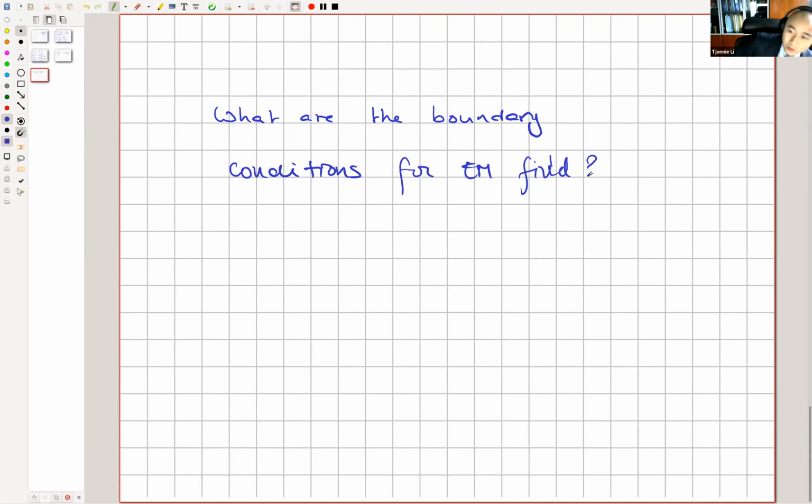I hope you've had some time to think about it. What are the boundary conditions for the electromagnetic field? Anyone want to give it a go?